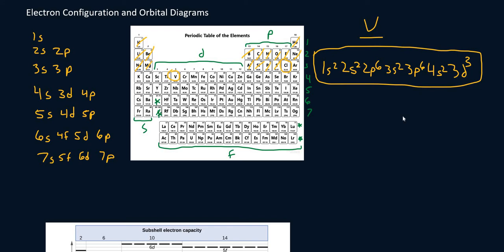And that's going to be the shorter way to write this. So what you're going to do with the noble gas configuration, also known as the condensed configuration, sometimes you'll hear it referred to as the noble gas configuration, and sometimes you'll see it referred to as the condensed configuration.